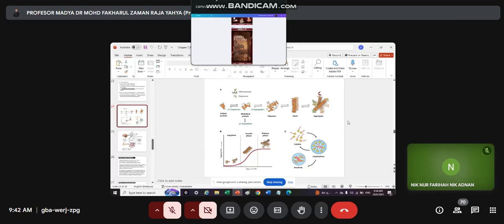Okay, moving on to an illustration to show how aggregation is formed. At the beginning, proteins are folded into correct 3D structure. Okay?